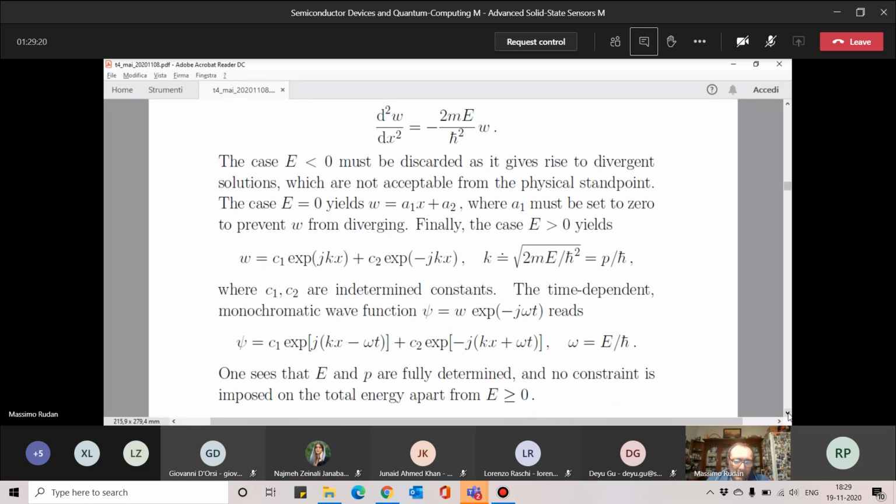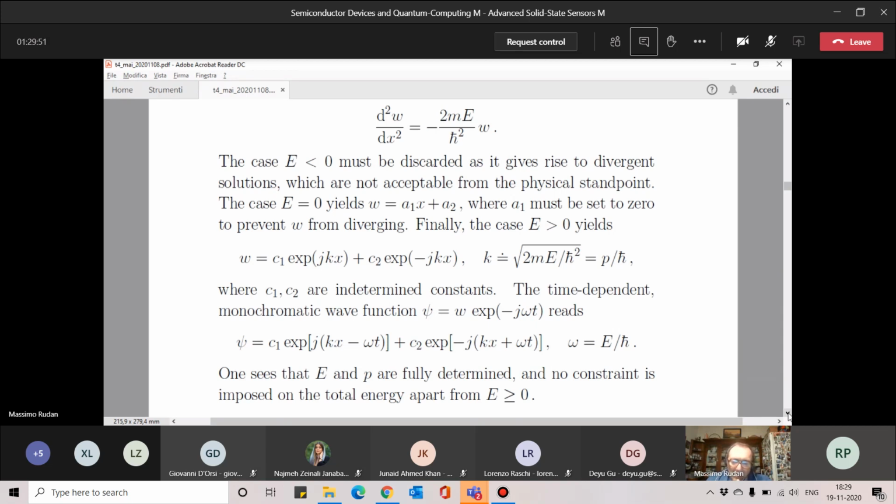And the other independent solution is C2, another constant, times the exponential of minus jkx. By the way, you remember that in the case of a free particle, the total energy is equal to the kinetic energy.